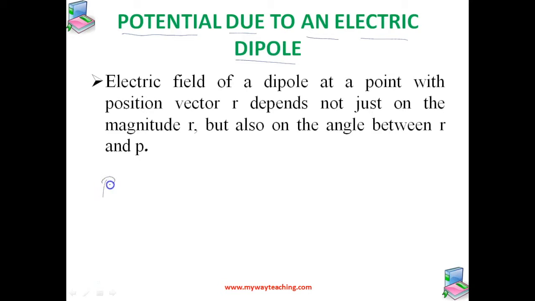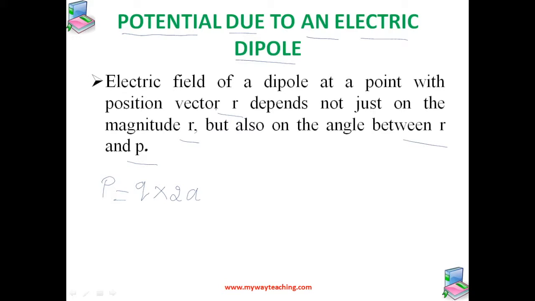That dipole vector P is given by the product of charge q and the distance 2a, and it points in the direction from minus q to plus q. And the electric field of a dipole at a point with position vector R depends not just on the magnitude R, but also on the angle between R and P. This we also studied.